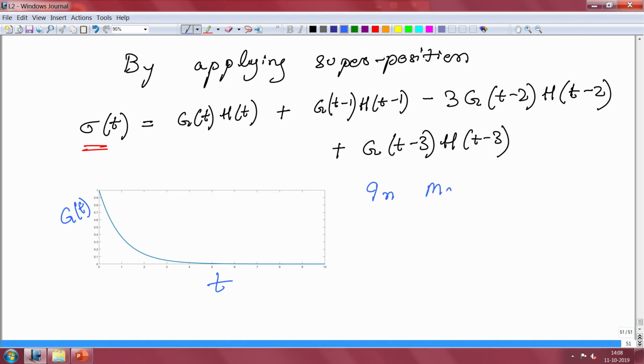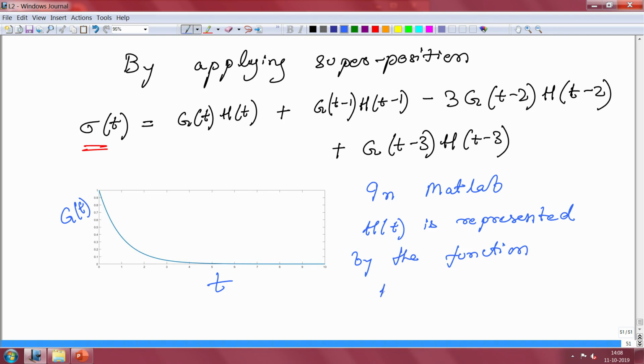So, in MATLAB, H t is represented by the function Heaviside, and Heaviside takes a scalar input, and this will compute for you a given function.